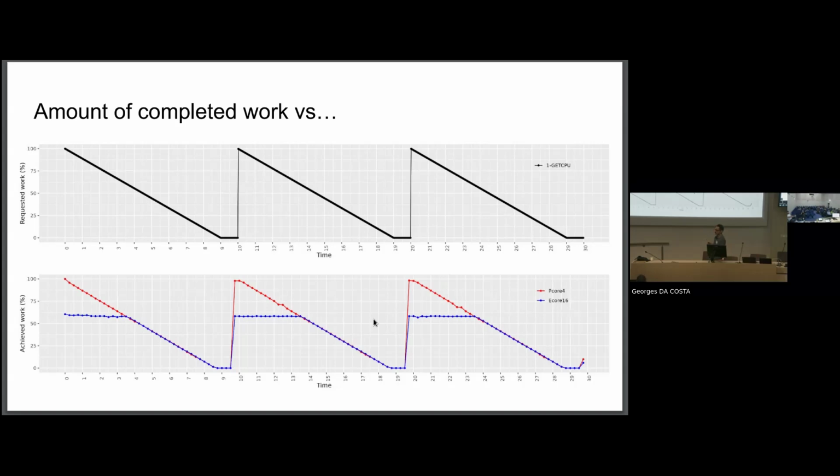So it's a certain number of getCPU calls, and the percentage is the number executed divided by the max number, the number that you wanted.